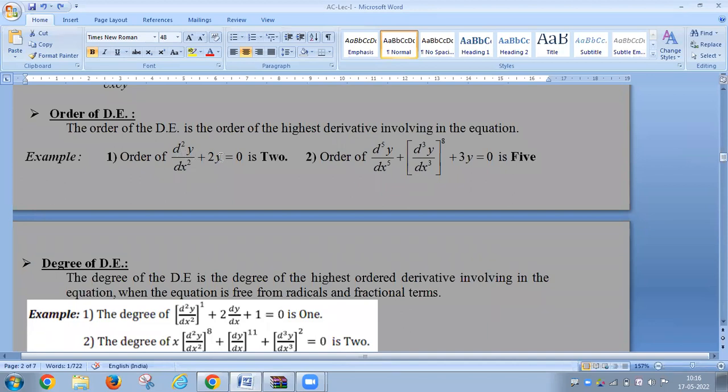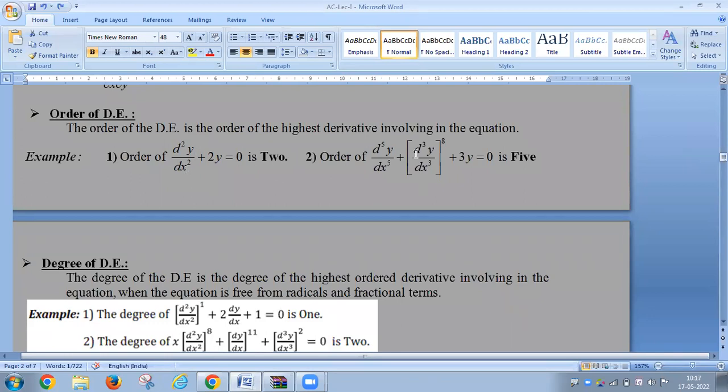If you consider this, the highest derivative is the second order derivative, d square y by dx square. So the order of the highest derivative is 2. That is nothing but the order of the differential equation. The order of the highest derivative is the order of a differential equation.